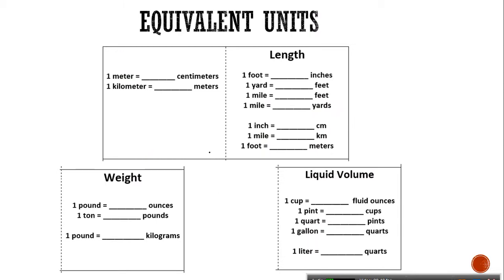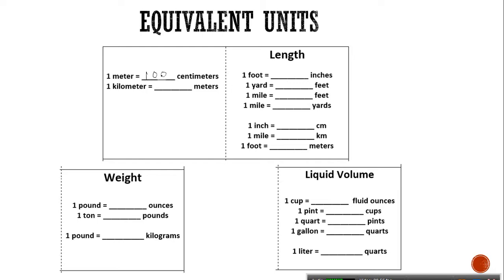But first, you need to grab your pink sheet and open the top flap. That's going to be your length flap. We're going to fill this in so that we can use it on homework, and we can also use it for your test when you take this part of the test. So 1 meter is 100 centimeters.